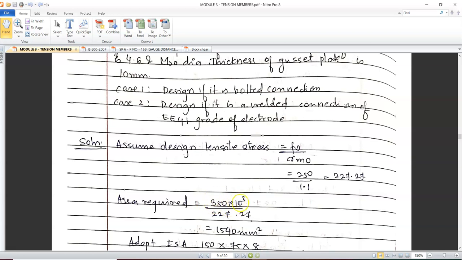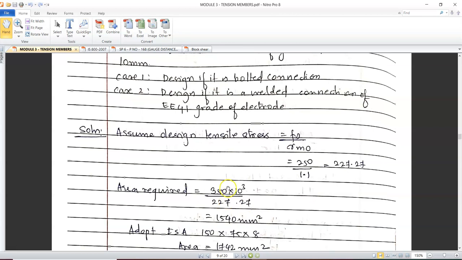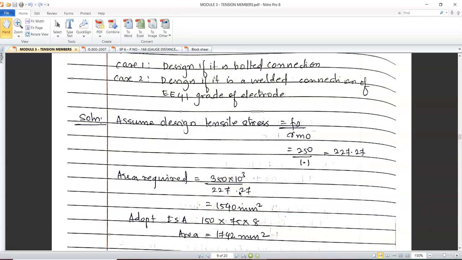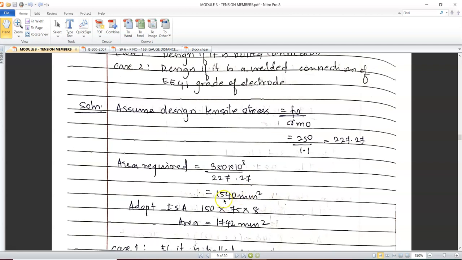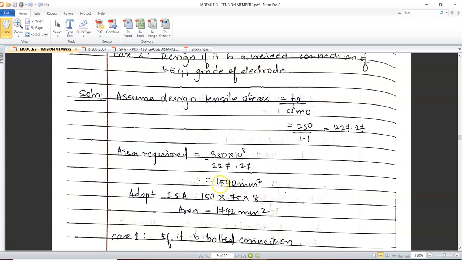If it is a service load, it has to be multiplied by the factor. So 350 divided by 227 gives an area of 1540 square mm. Now all of you have to go to the steel table and find an angle section having an area at least this much or greater.